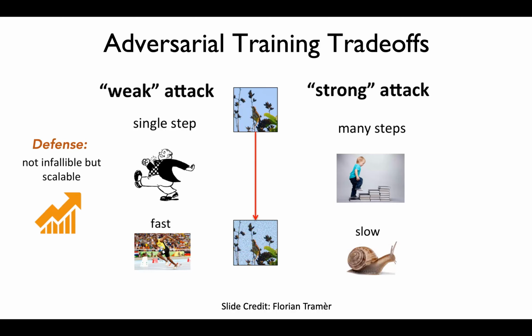So if you're making use of examples created by a simple technique like FGSM, then your defense is scalable, but it's not infallible. But if you're making use of a strong attack, like adversarial examples constructed using robust optimization techniques such as projected gradient descent, PGD, the work of Madry et al., then you can say something about potential guarantees. You can say that if the adversarial example is from a certain norm ball, then you have certain guarantees against that.